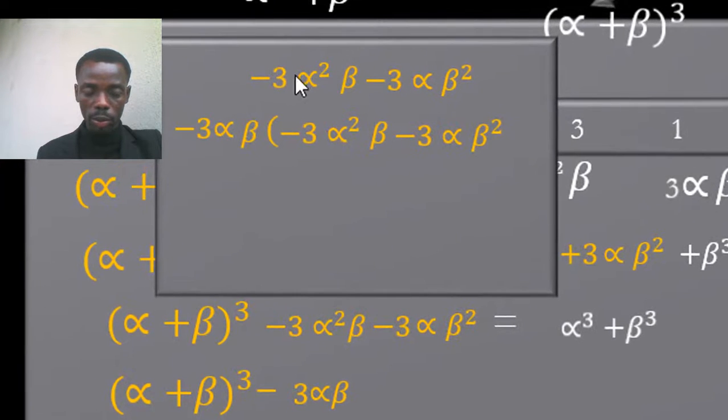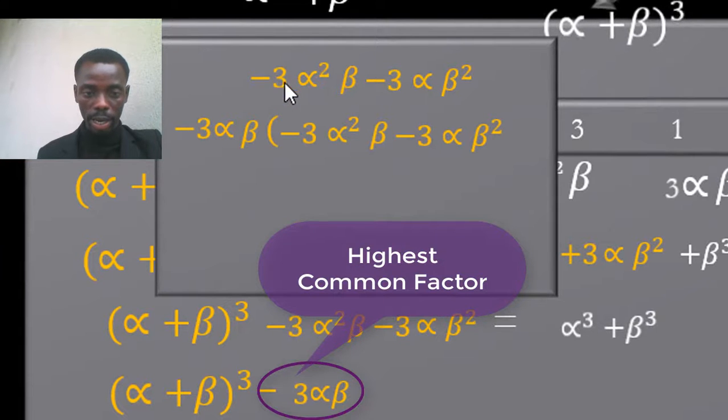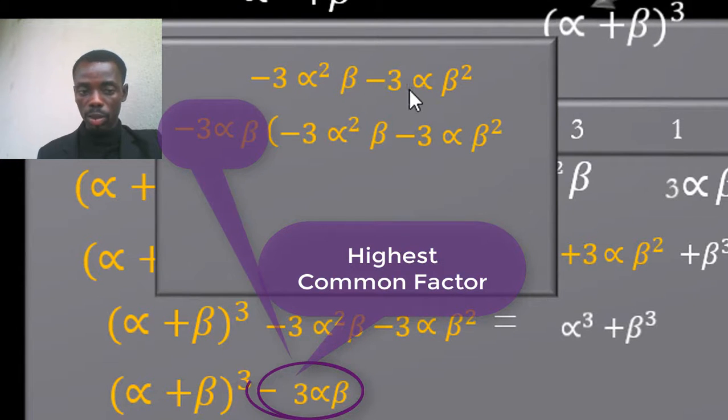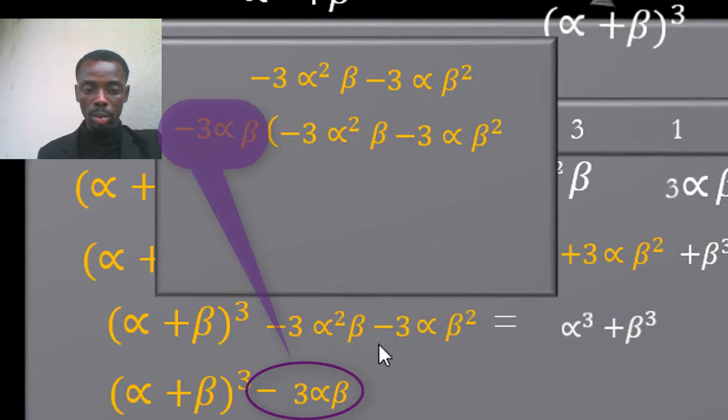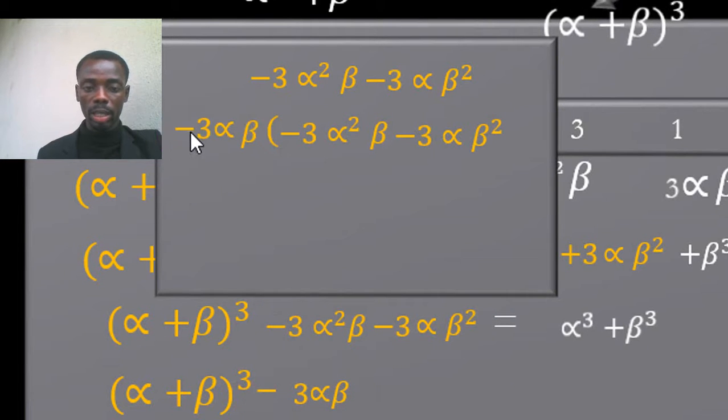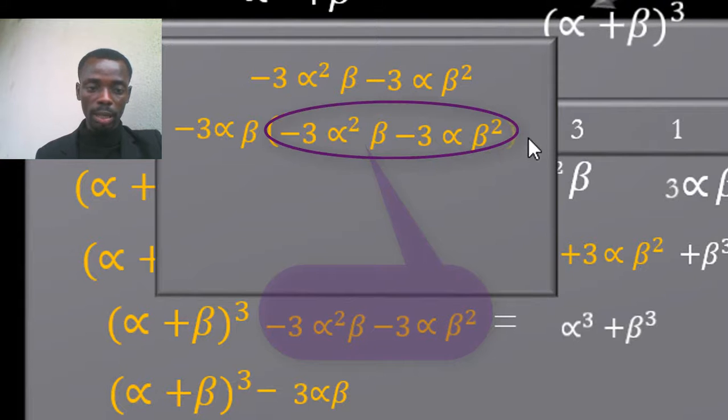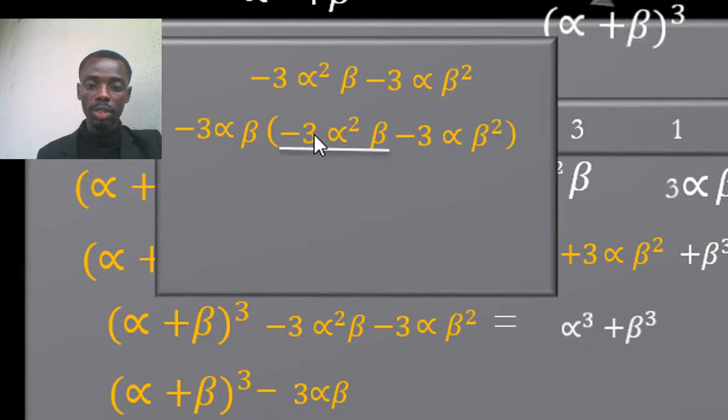So if there is nothing, then let me do a quick factorization here, and I've brought out the highest common factor of the values. Minus 3 alpha beta that I brought out here is the one here. I brought minus 3 alpha squared beta minus 3 alpha beta squared from here. Then factorizing into it, minus 3 alpha beta, the one I brought out here. Then let me close the brackets.